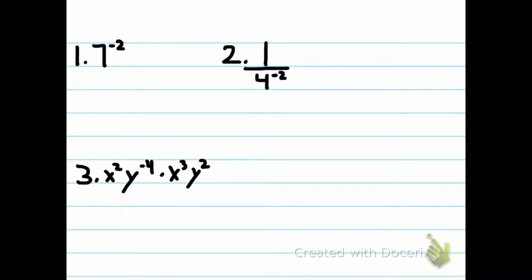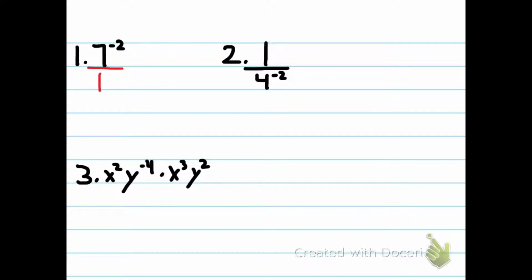For number 1, the 7 has a negative exponent, as you can see. So what we have to do is flip all of this to make this negative exponent into a positive. If you have a whole number, you always assume that it's over 1.